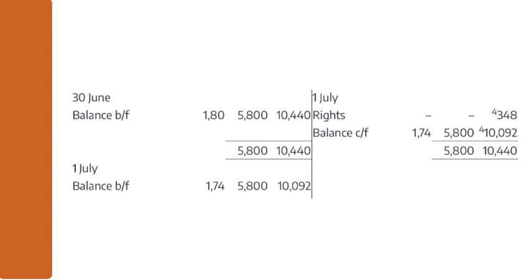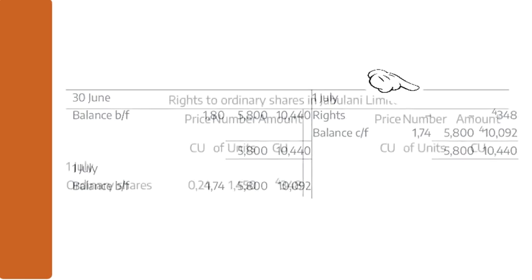So you derive the value of the rights from the value of the shares, which means you will take an amount out of the shares T account and move that amount to a new T account, the rights.